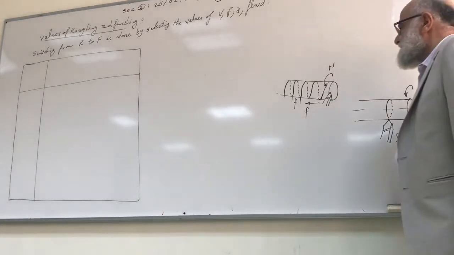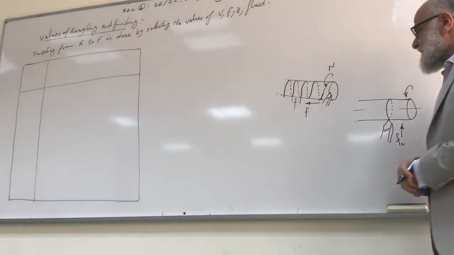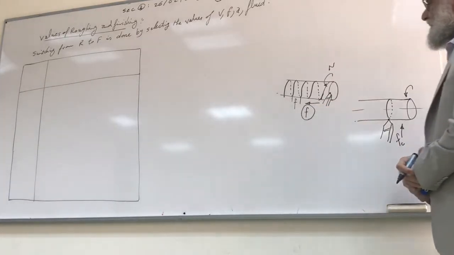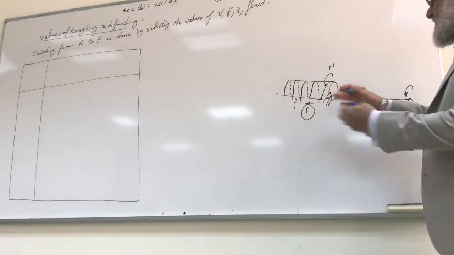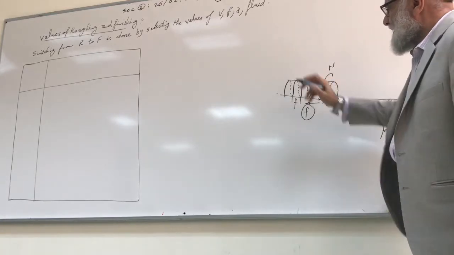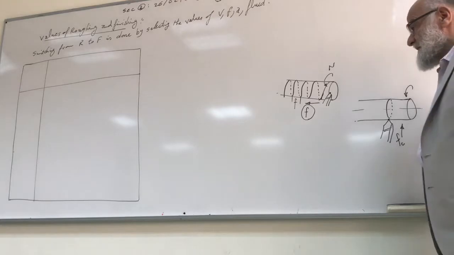Okay. The difference between turning and the thread is in the value of the feed. Now I enlarge the feed, therefore we see clearly the helical part which can be considered a thread.